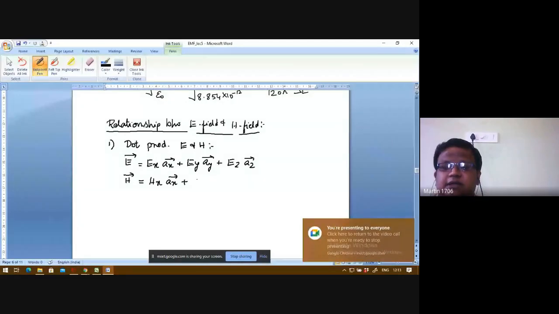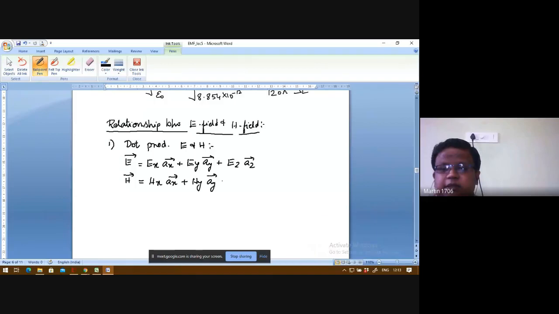Hx ax vector, Hy ay vector plus Hz az vector. If you take the dot product E dot H, what you will get is Ex Hx, the respective term.